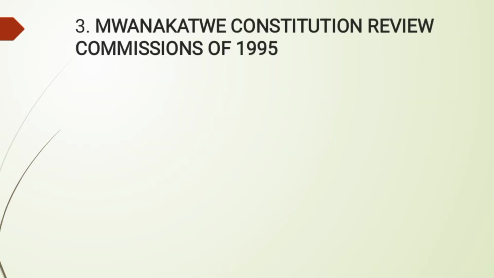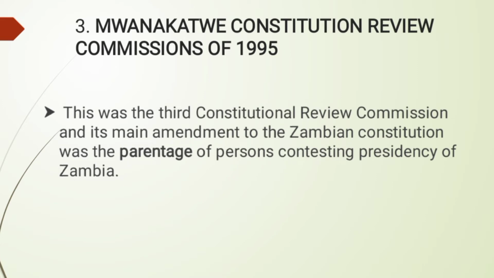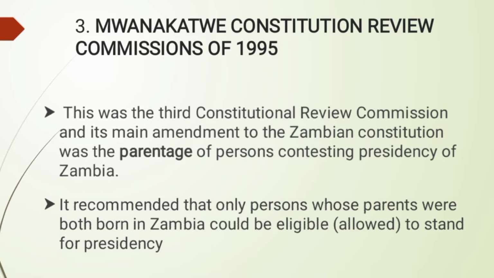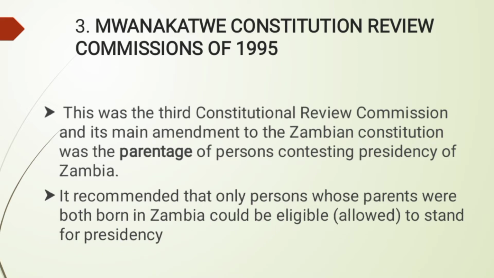So Mvunga, number 2. Number 3, we had the Mwanakatwe Constitutional Review Commission of 1995. This was the 3rd Constitutional Review Commission, and its main amendment to the Zambian Constitution was the parentage of persons contesting for presidency of Zambia. It stipulated that only persons whose both parents were born in Zambia are eligible to stand for presidency.